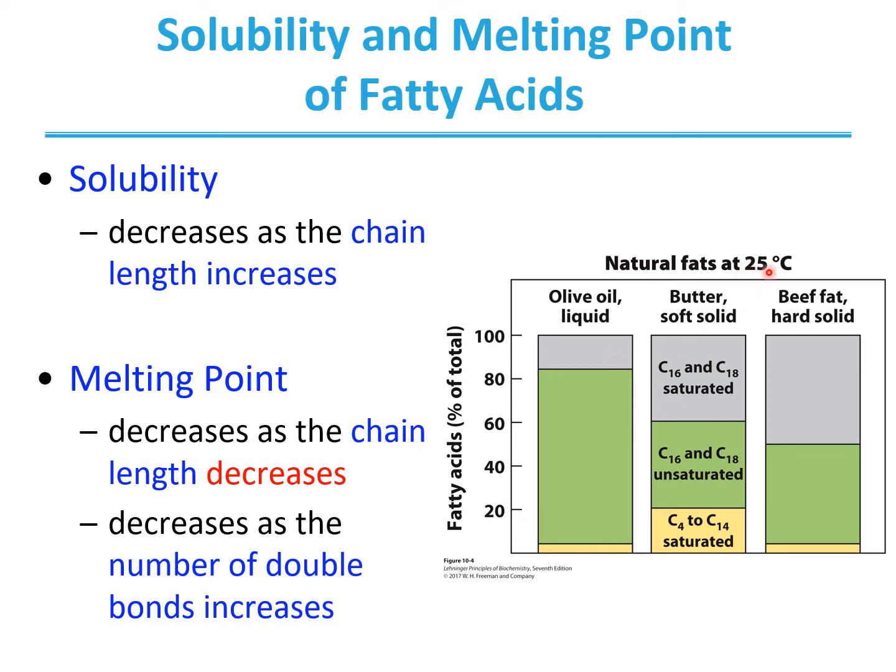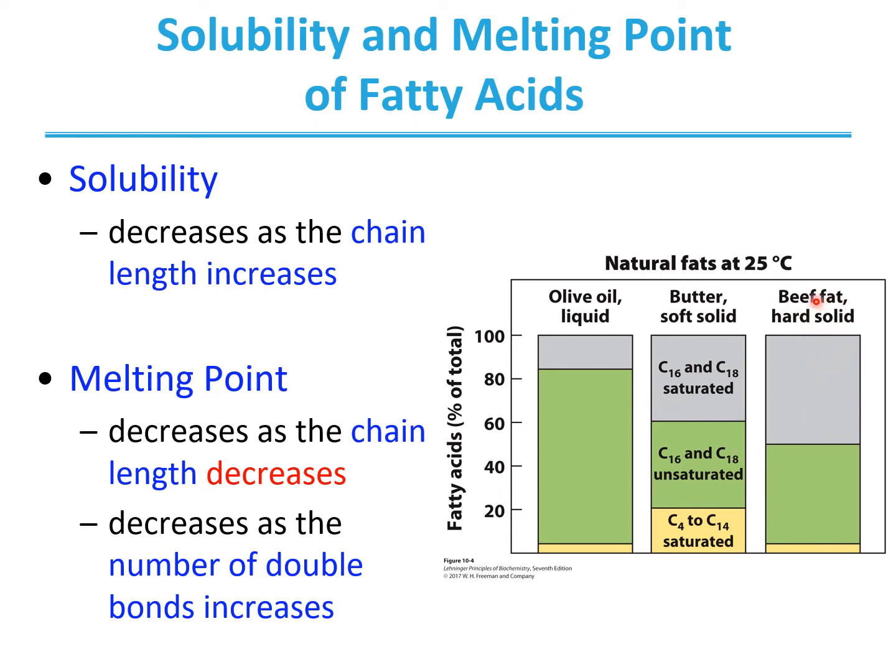So at room temperature, in your kitchen, olive oil will be liquid, whereas butter, which is a soft solid, will be completely solid in your fridge because of the higher proportion of saturated fatty acids. But if you leave it on the counter in your kitchen, it will start to be less solid, and of course if you cook it, then it will change state to a liquid form.